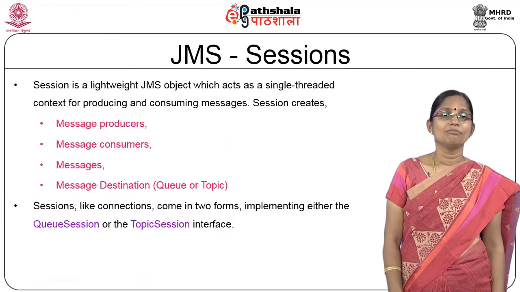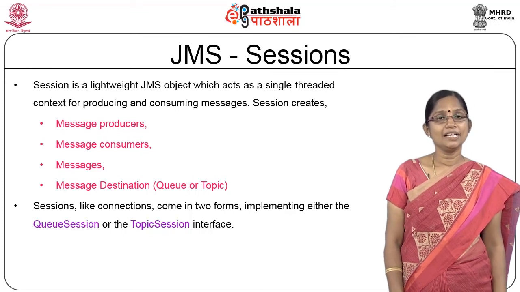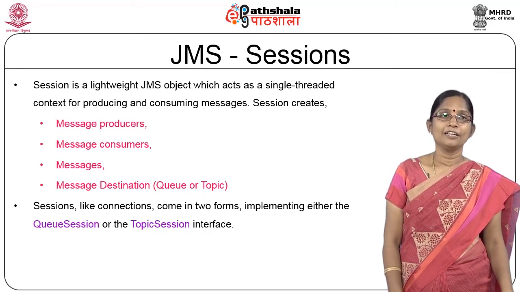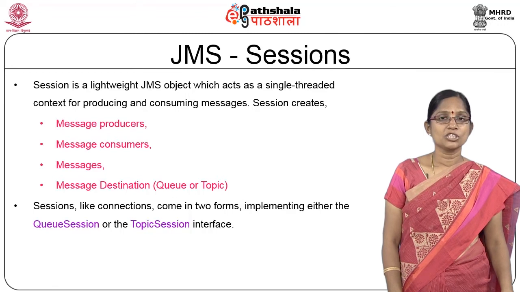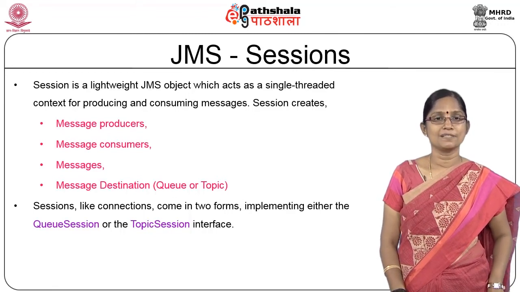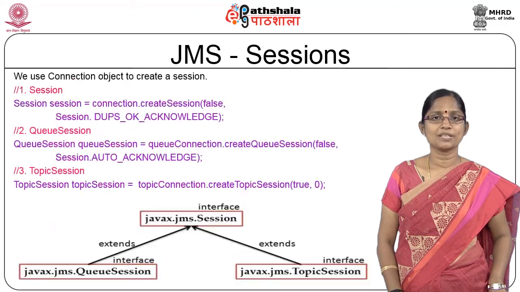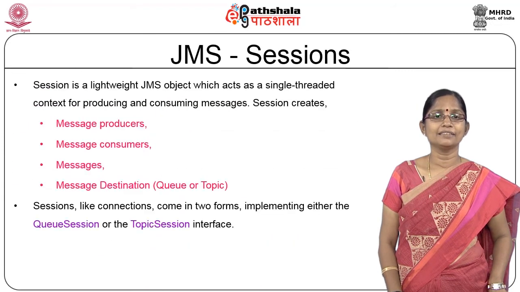Now we have seen ConnectionFactory, connection, session and destination. I told you already that session creates message producers, message consumers, messages and message destination. Message destination we have seen in the earlier slides, that either the destination can be queue or topic.